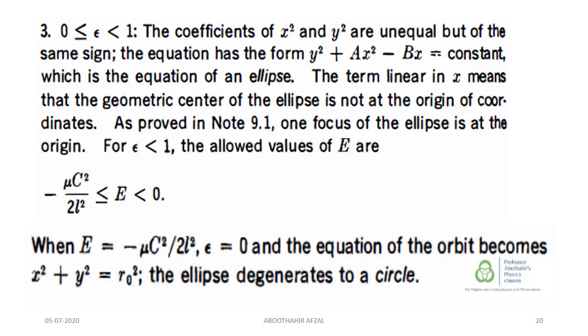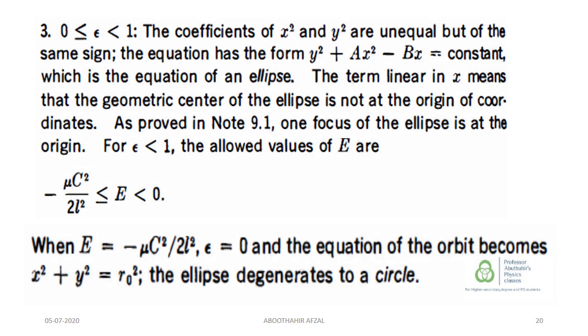And in this case the coefficients of x square and y square are not equal. If they become equal, that will become a circle, but since they are not equal, it is just an ellipse. And the linear term in x means that the geometrical center of the ellipse is not at the origin of the coordinates. And we know that the ellipse has a semi-major axis and a semi-minor axis, and two foci.